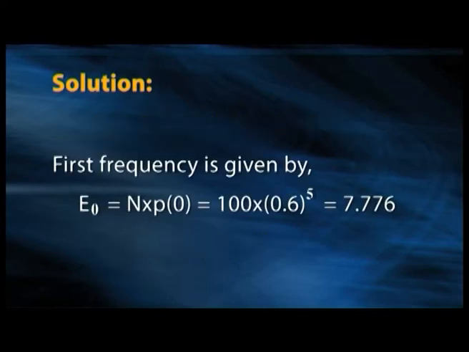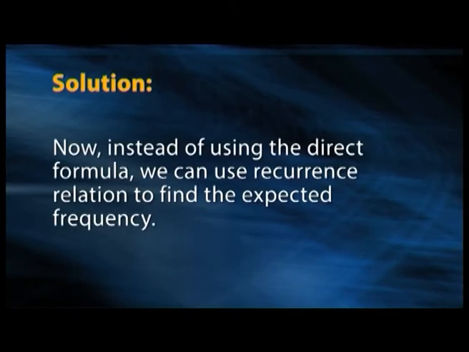First expected frequency is given by E0 is equal to n into p of 0 is equal to 100 into 0.6 power 5 is equal to 7.776. Now, instead of using the direct probability mass function, we can use recurrence relation to find the expected frequency.